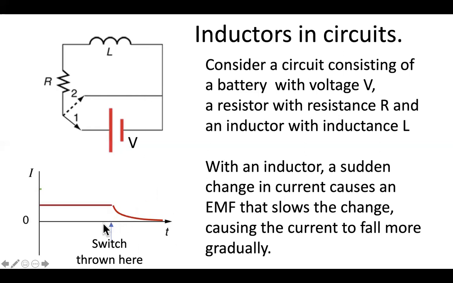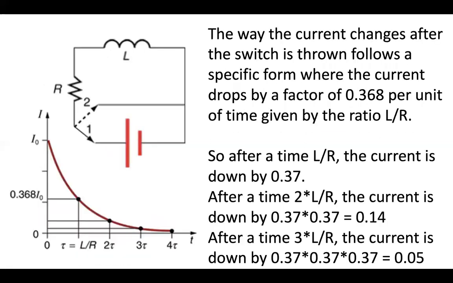Now, the way this changes with time is actually very predictable. It follows what's called an exponential behavior. So in the case where we throw the switch and turn it off, the current falls in a very clear and well-defined way, with a very particular time scale, designated with the symbol tau.